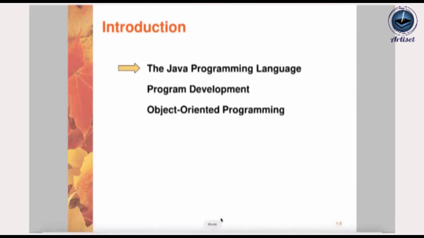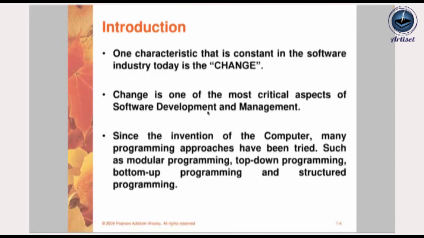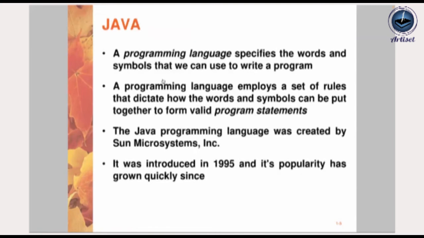As I told you, a programming language specifies the words and symbols that we can use to write a program. A programming language employs a set of rules that dictate how the words and symbols can be put together to form valid statements.